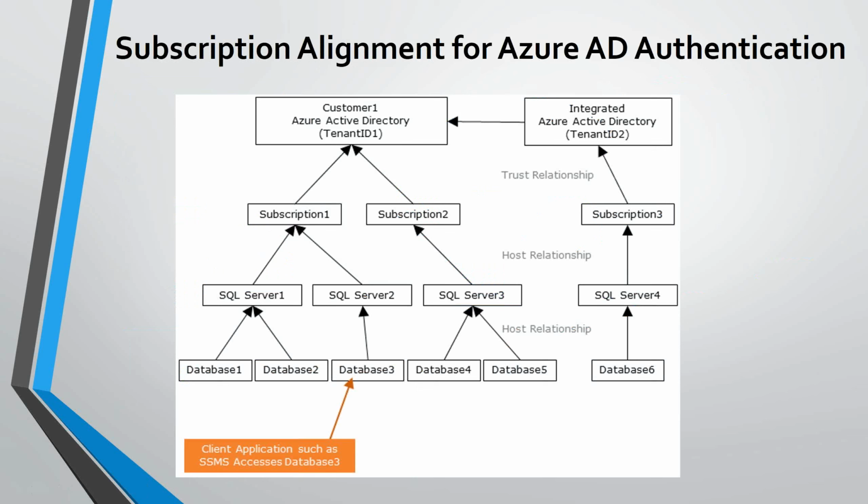In order to gain trust between applications, or between services, a trusted service between Active Directory and SQL Server, we need to make sure that the given subscription that we use is aligned with the Active Directory, with the tenant.